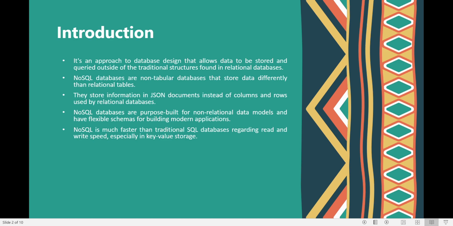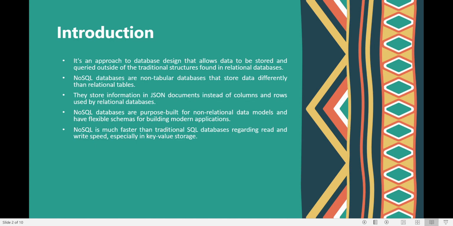In SQL, basically the data is stored in relational form in rows and columns, but in NoSQL it is non-tabular. The data stored in NoSQL is non-tabular and they store information in JSON documents instead of the columns and rows used by relational databases.